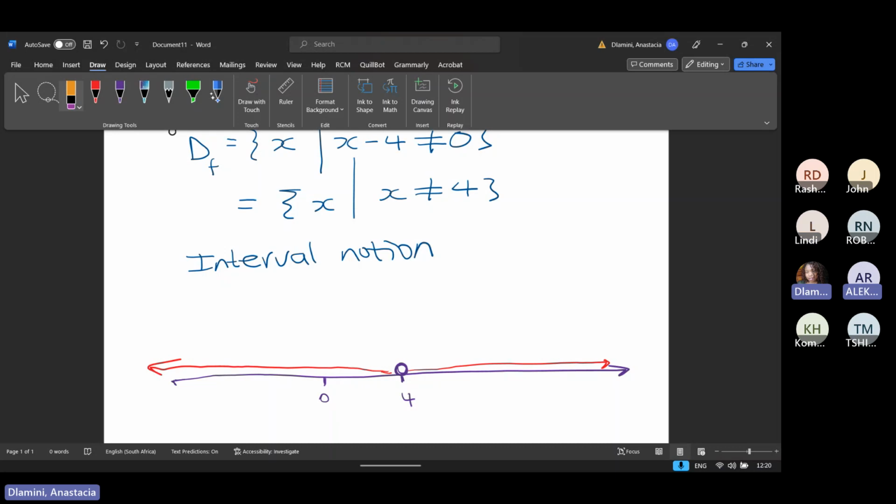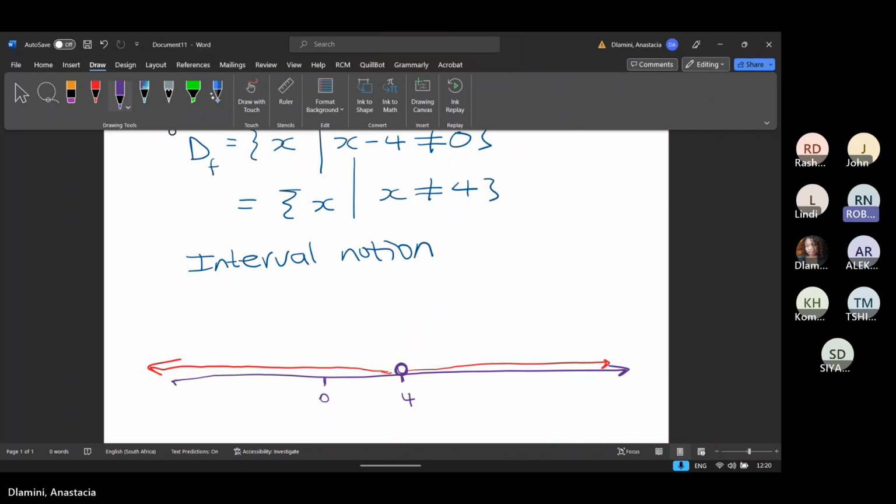Yes. Thank you. So how do you write the interval notation? Okay, let's go to the left of 4. Where is my arrow ending? The red arrow. Negative infinity, isn't it?